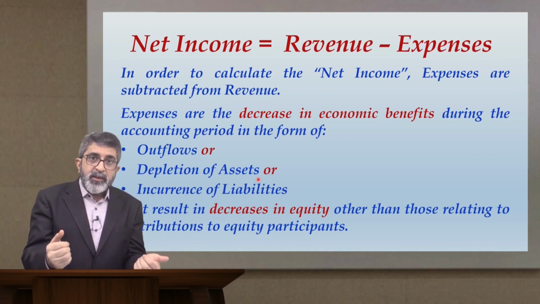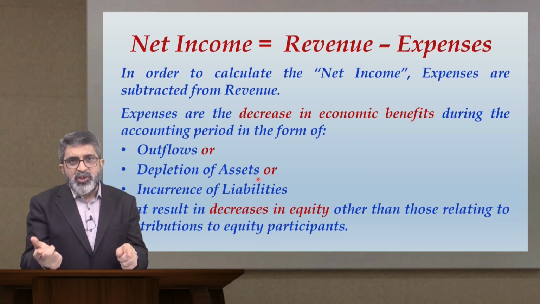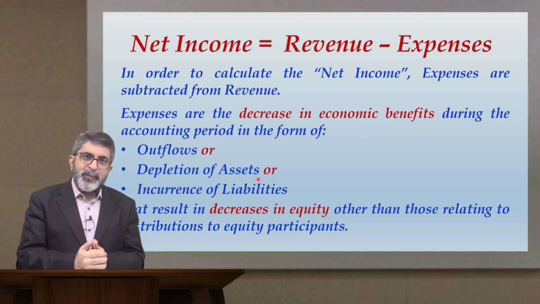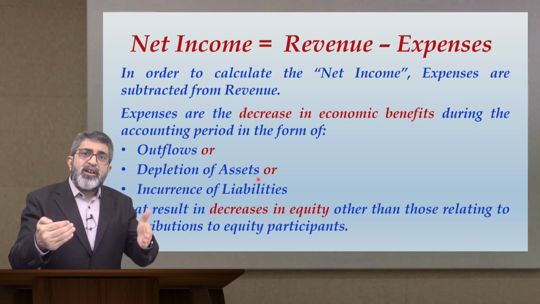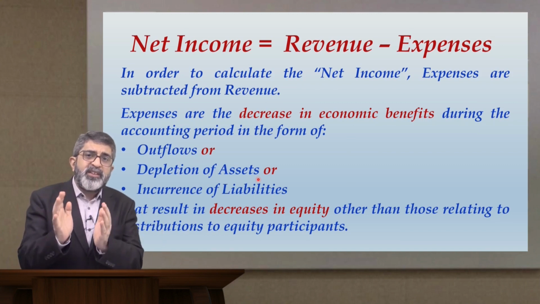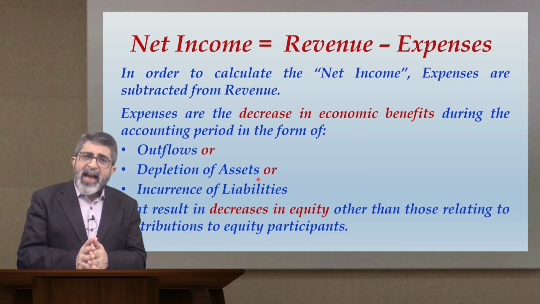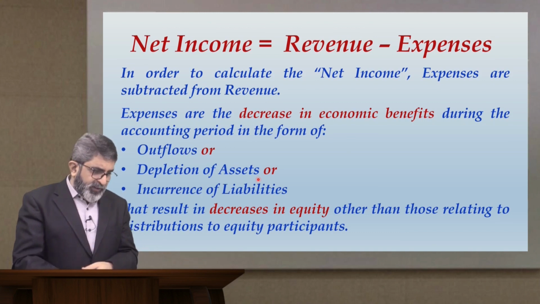It's very similar, though there is a difference between depletion and depreciation. I'm going to explain that difference later in this class. So depletion or depreciation is a gradual amortization of a lump sum amount of cost incurred over the life of that asset or over the period in which you are deriving economic benefits.